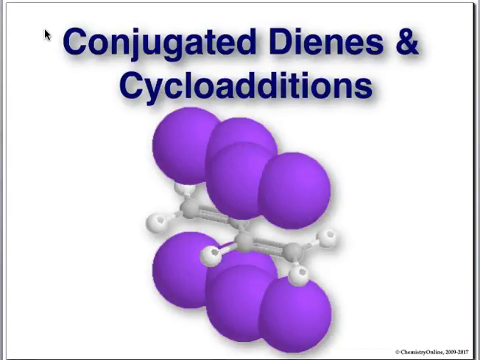Let's go ahead and do chapter 14. Chapter 14, Conjugated Dienes and Cycloadditions. Now this goes back a bit to last semester.